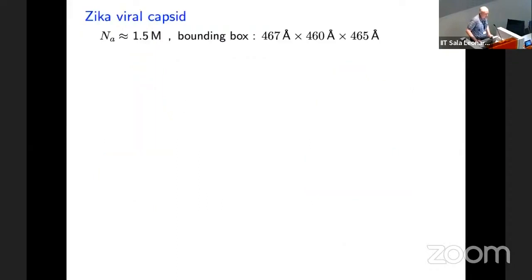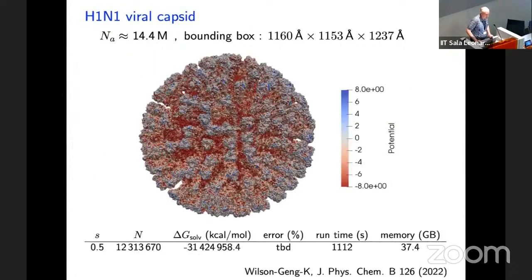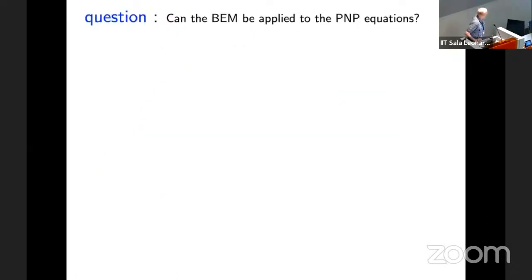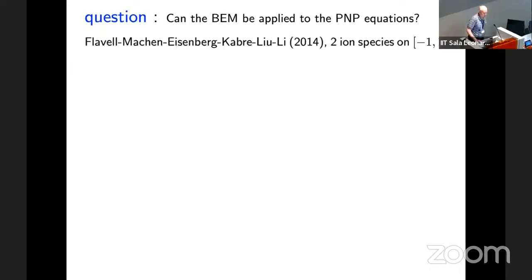Okay. So I'll just give you a quick overview. The question now is: can the boundary element method be applied to the PNP equations? These are the Poisson-Nernst-Planck equations, and we'll focus on a formulation in a paper from Bob Eisenberg's group with two ion species.